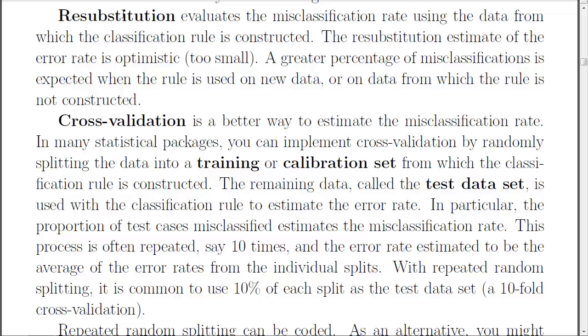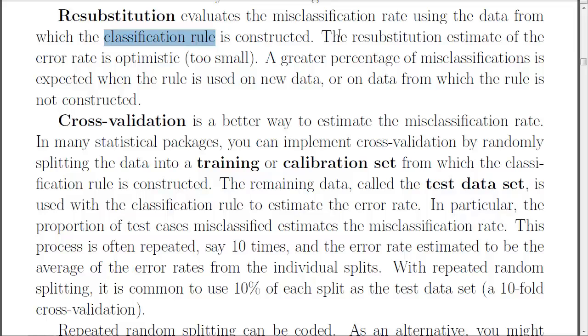So resubstitution evaluates the misclassification rate using the data from which the classification rule was constructed, meaning that we used all of the data to generate the classification rule, and then using the rules that were constructed with all of the data, we ask of all those observations, based on the rule, would I have made the correct decision or not?